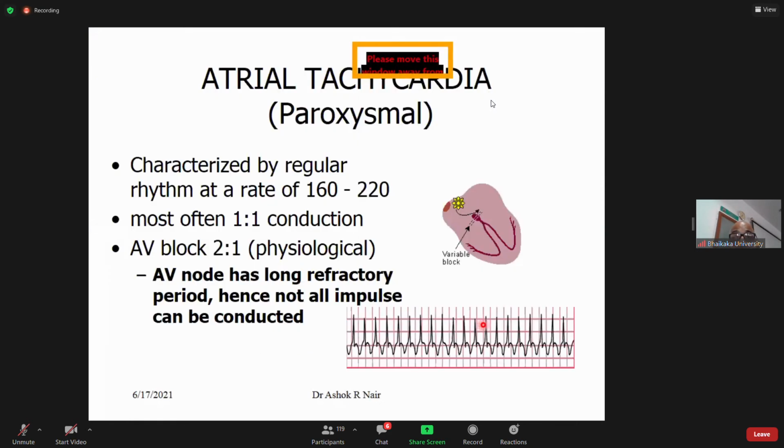Atrial tachycardia can be seen. Sometimes this ectopic focus is generating impulses at a rate of more than 160 to 220. 1:1 conduction is occurring, or there might be a physiological block due to the refractory period of the AV node. You will find an atrial tachycardia.